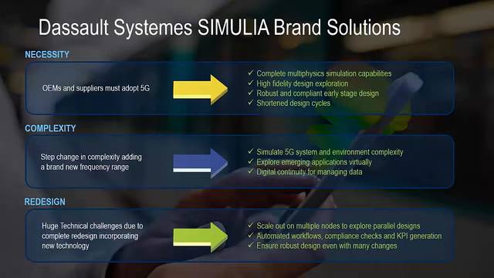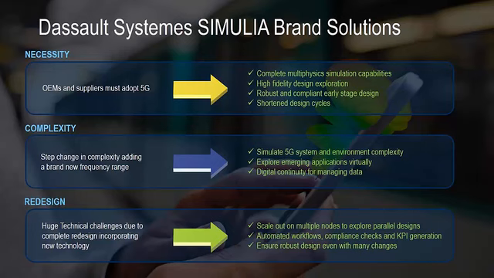So let's look again at the top challenges in 5G design and talk about familiar solutions in a bit more detail for each one. As we mentioned, it's really necessary that OEMs and suppliers adopt 5G, and what kind of things do they need to deliver, and what's going to help them? Well, as we know, product design cycles in high-tech and specifically smartphones are extremely short. So being able to run quick and scalable simulations is very important.